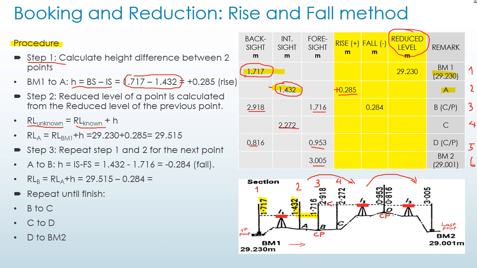In this case, reduced level known plus the rise over here give you reduced level at the next point. It's 29.515.